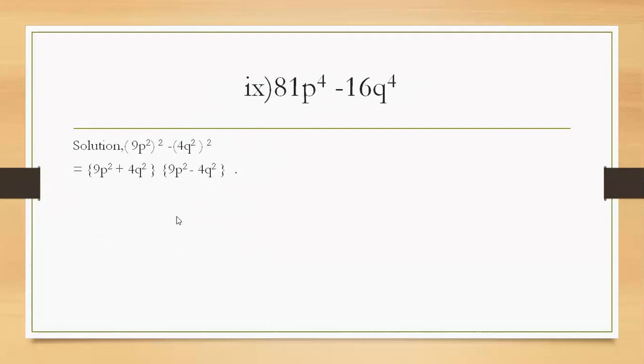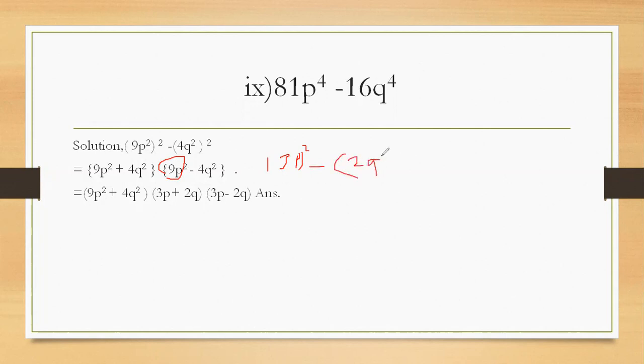This side same, it has again a formula, right? In the formula, this one is 3p whole square and 2q whole square, that's why 3p plus 2q, 3p minus 2q. Okay, here if you feel difficult, then we can write this one more. This can be expressed as 3p whole square, and minus 2q whole square.